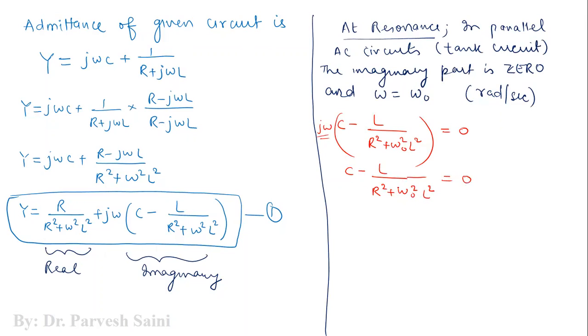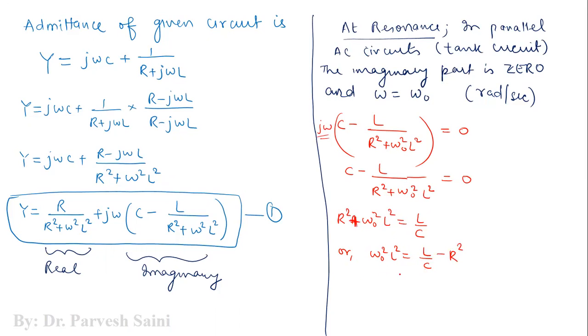Now on solving this equation, we have R square plus omega naught square L square is equal to L by C. Or we can say that omega naught square L square is equal to L by C minus R square.